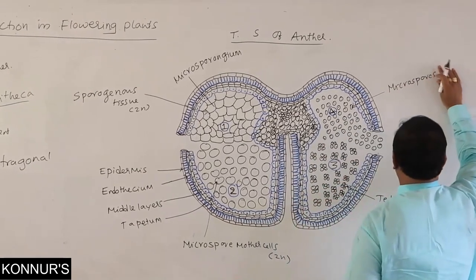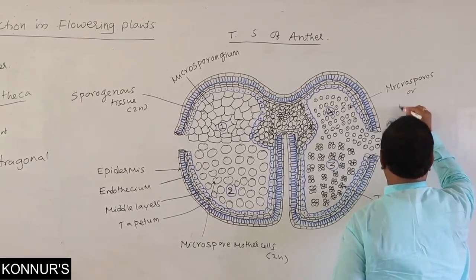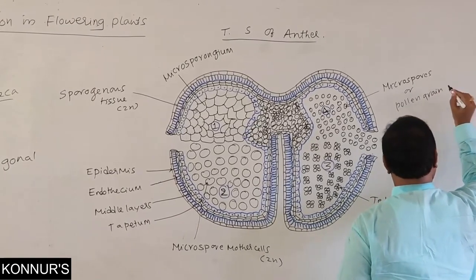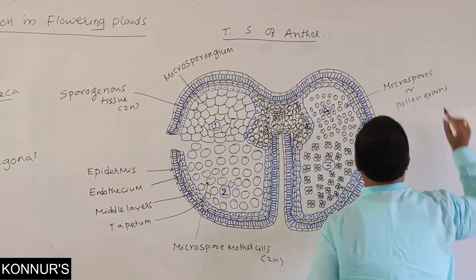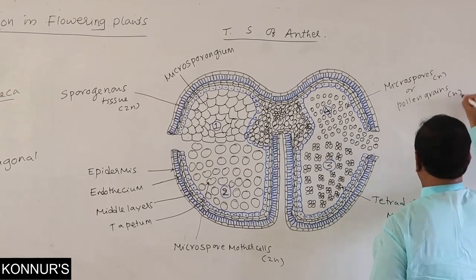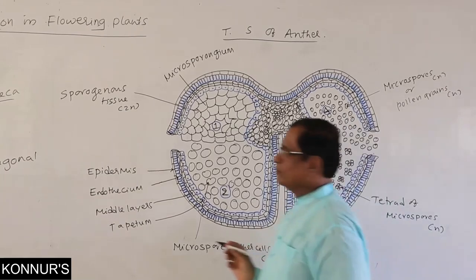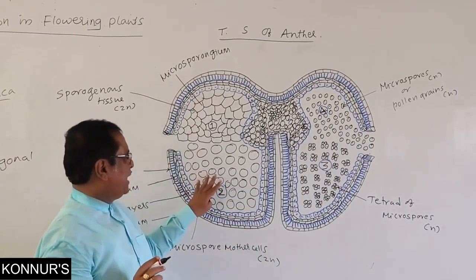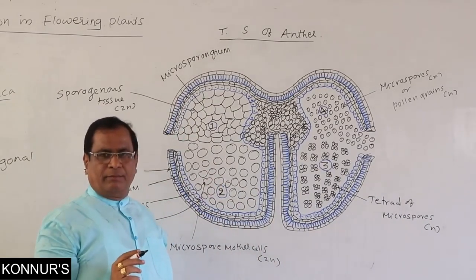And microspores are nothing but pollen grains, and these are haploid in nature. At the start we used to say microsporangia.